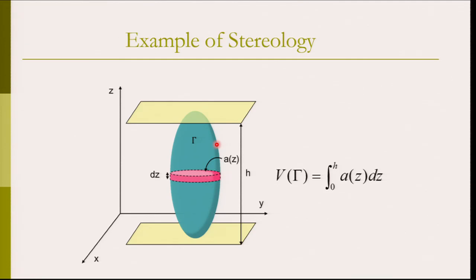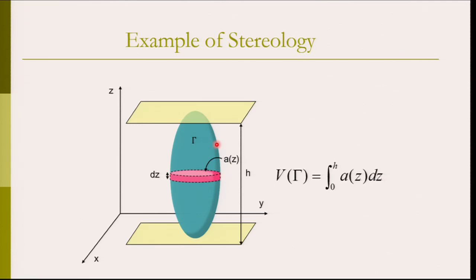So, you can formulate a relationship between a 2-dimensional and 3-dimensional entity, or the volume of the 3-dimensional object can be calculated by means of the cross sectional area, and then you sum these areas to define the volume of the object. So, the integration actually shows the relationship between the 2-dimensional and 3-dimensional object.